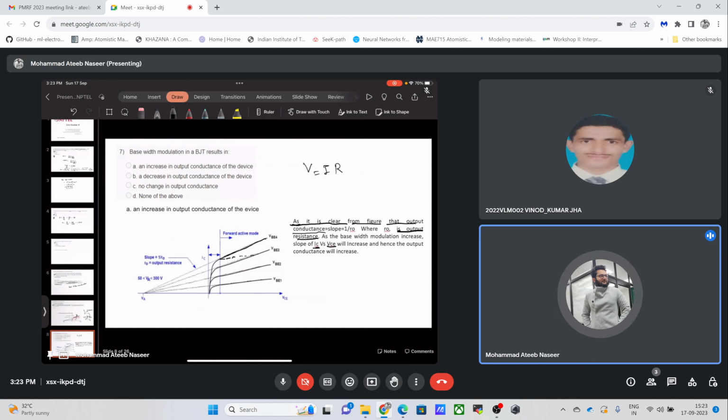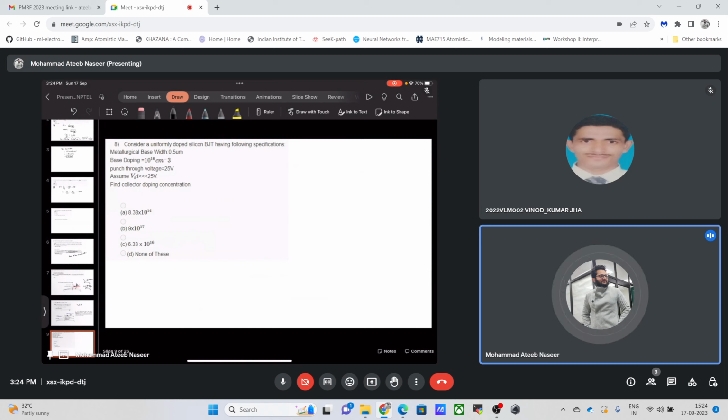As is evident from these curves, you can see the slope is increasing. So base width modulation results in the increase in the output conductance of the device. It should be D here.